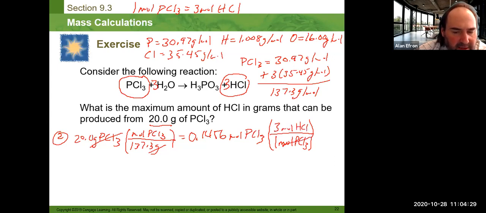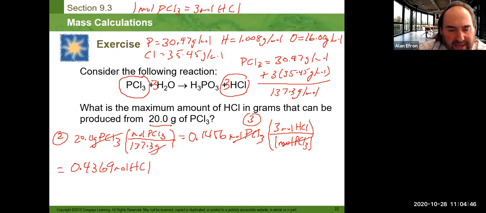Again, that's going to be the stoichiometry part, step number 3. That's going to get rid of it. I'll put the answer over here, and we will end up with 0.4369 moles of HCl.